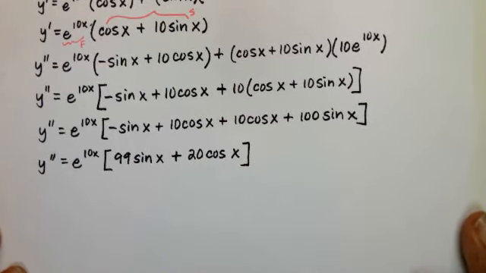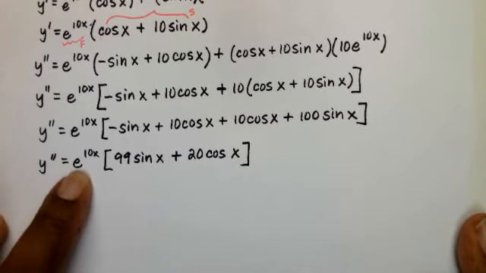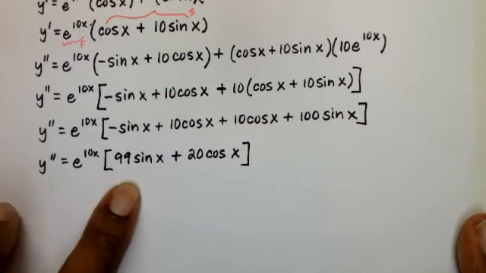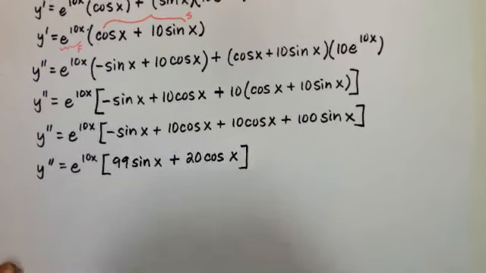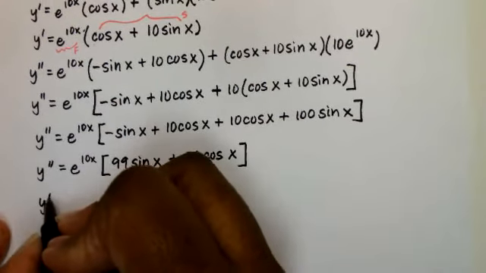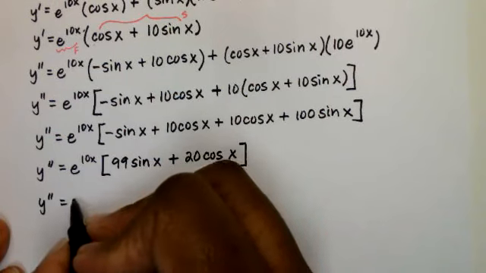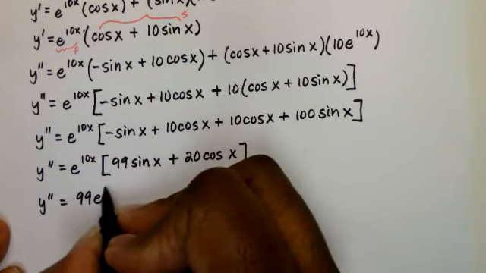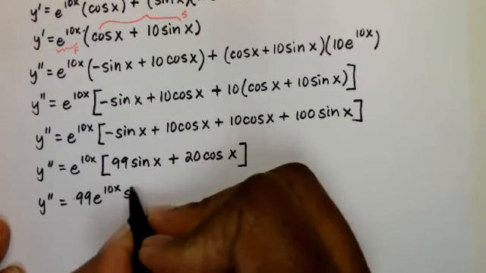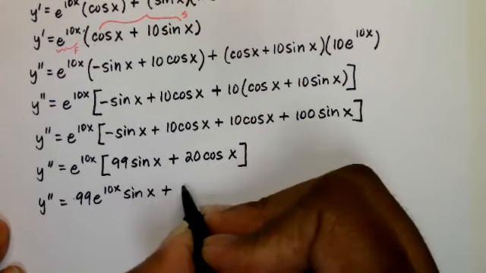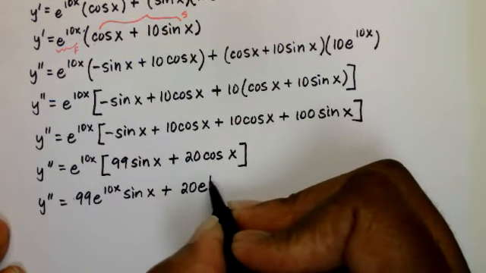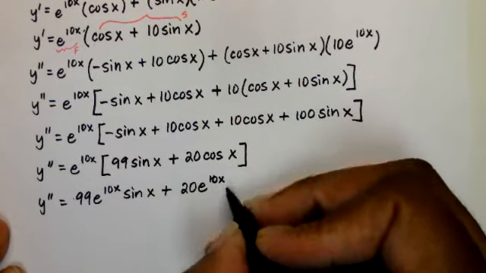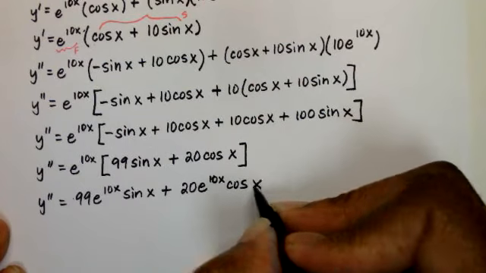And then finally, I'll just distribute the e to the 10x over the 99 sine of x plus 20 cosine of x. So my final answer there will be 99 e to the 10x times sine of x plus 20 times e to the 10x cosine of x.